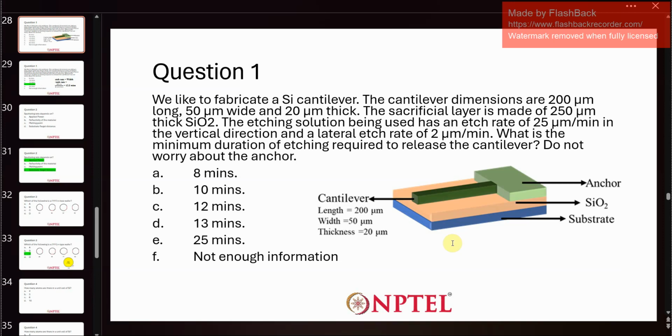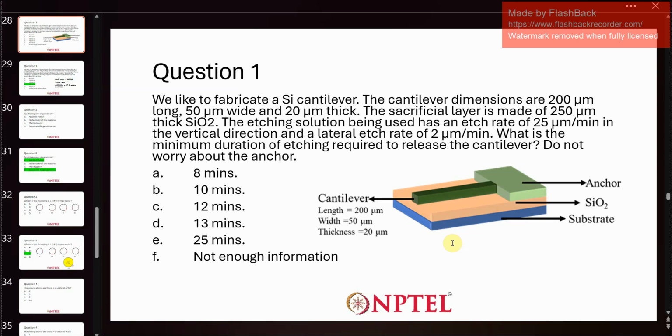So here in this figure you can see that the cantilever has already been etched from its sides, from its thickness. So what you need to etch out is only the width of the cantilever, the bottom part.